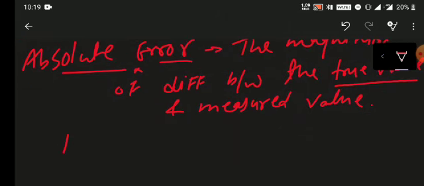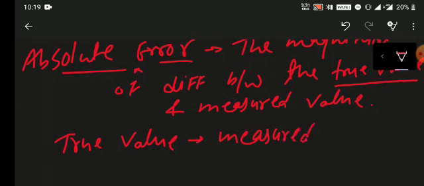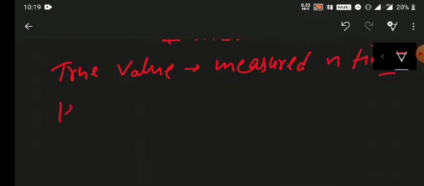The true value is determined when we measure an experiment n times. When we measure an experiment n times, then we can easily find the true value. Let's take an example.